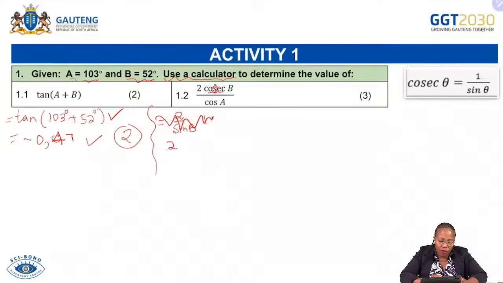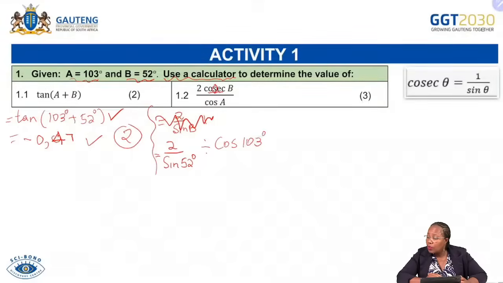We are having 2 over the sine. And then what is B there? 52 degrees. And then now divide by the cos of A. We are dividing by cos of A. How much is A? 103 degrees. So that will be your first step.